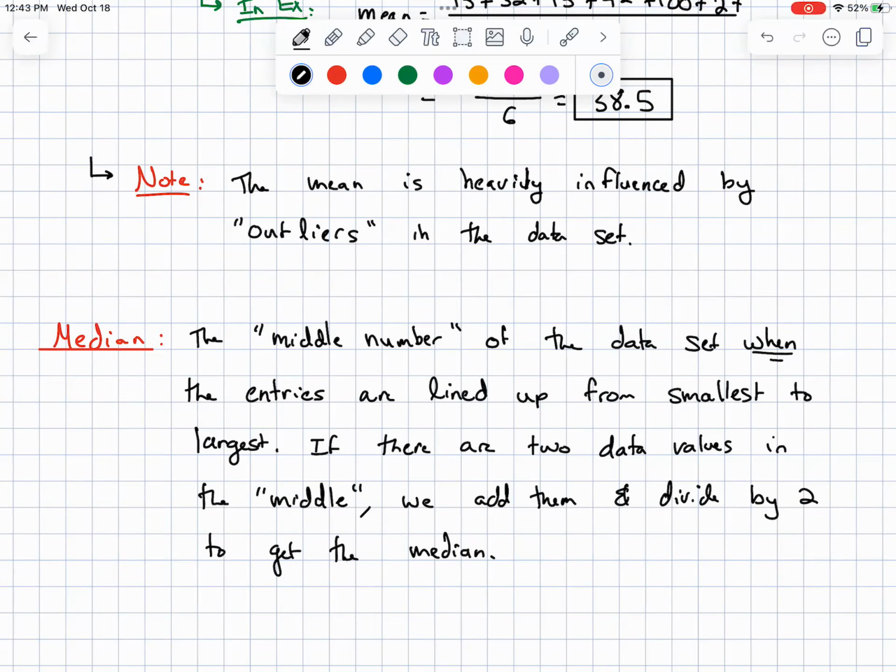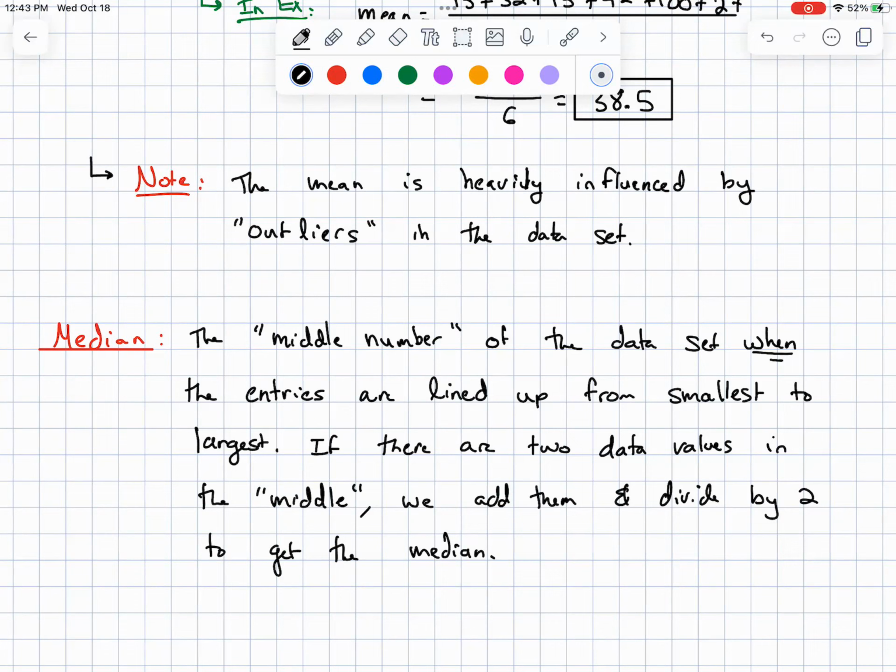So if you end up having 2 numbers in the middle, which happens when you have an even number of data values, and we'll talk about this in just a moment, then you add them up and divide by 2 to get the average middle number.